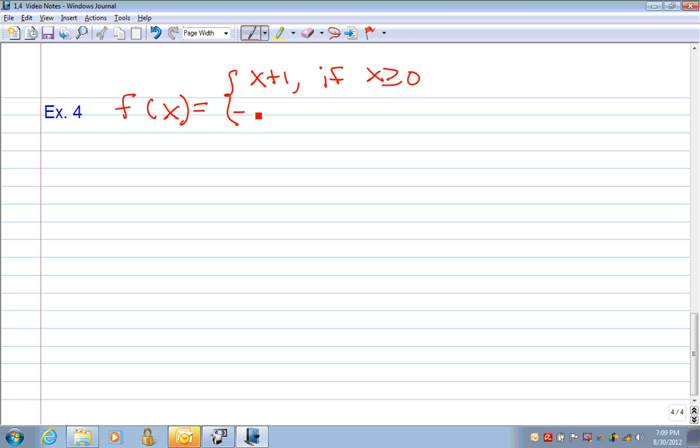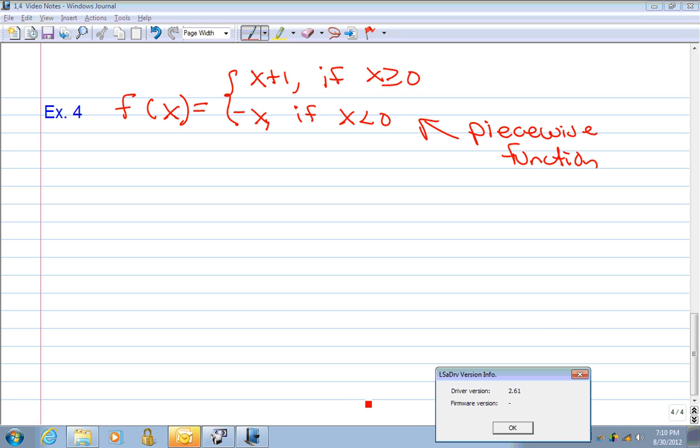And it equals negative x if x is less than 0. This is called a piecewise function. It's different pieces of equations all in one function. So it looks like little parts of things. We're going to talk more about this later in the year.